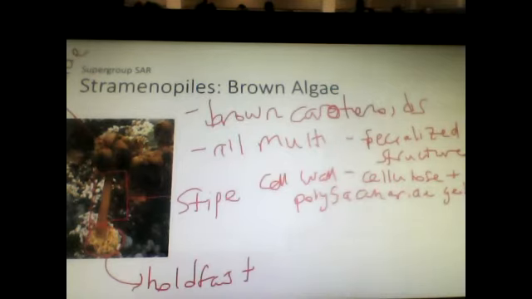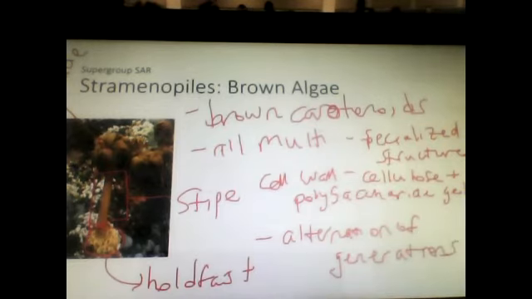And they have a life cycle that is referred to as alternation of generations.